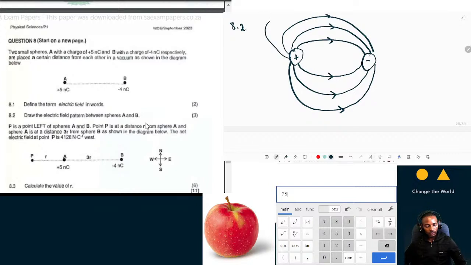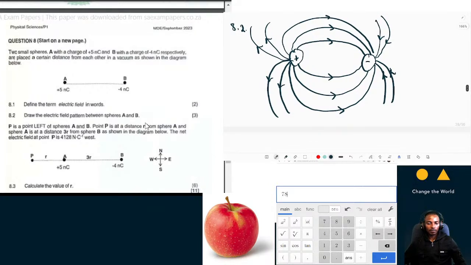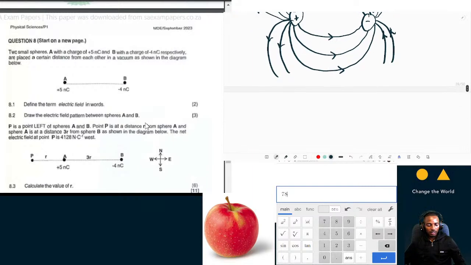So that will be the electric field pattern. So we're going to have something like this. 8.2, got marks.